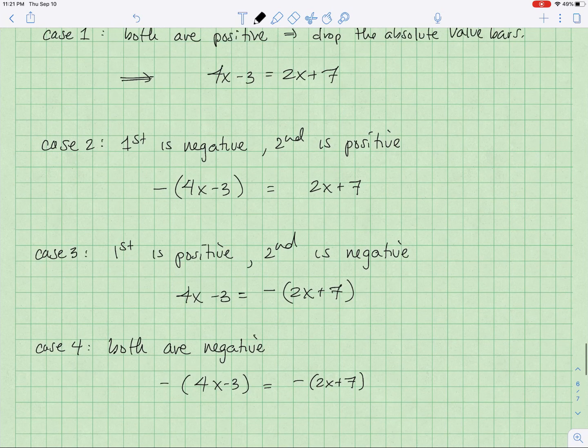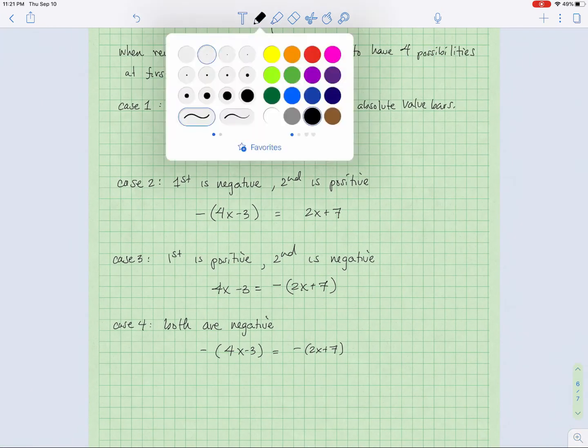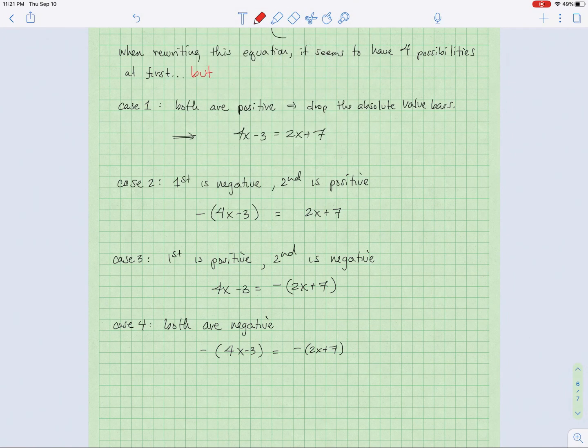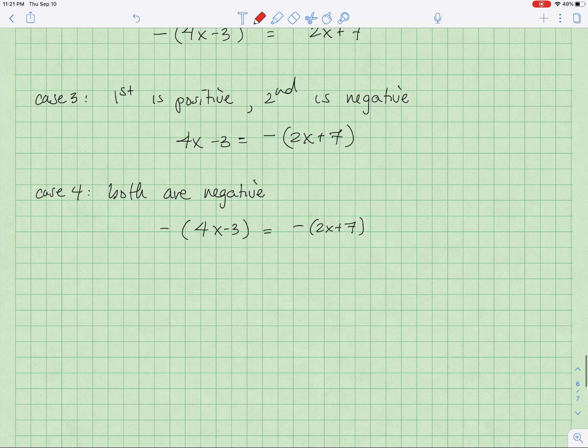But it turns out there are only 2 cases, because if we took this bottom case, let's look at case 4 first.